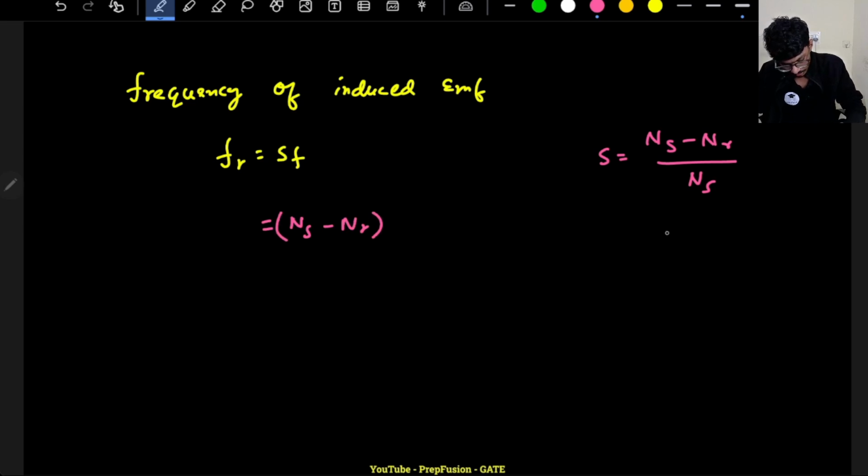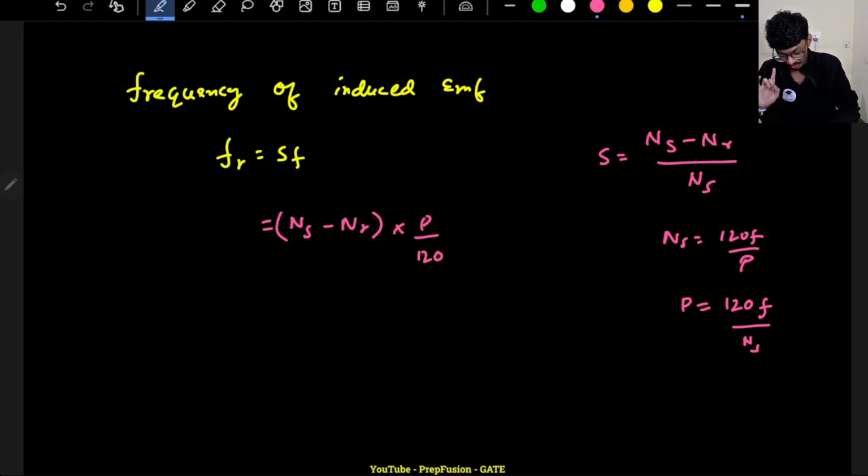I know NS equals 120 F by P. So my P is basically 120 F by NS. F by NS is P by 120, which is a constant number. Or I don't want to comment, because poles can change. How they will change, that also I will discuss.